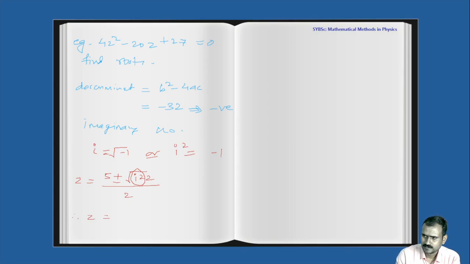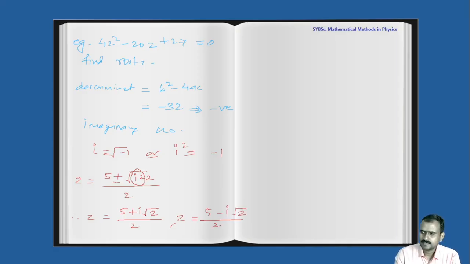Therefore z = (5 + i√2) / 2, and the other root is z = (5 - i√2) / 2.